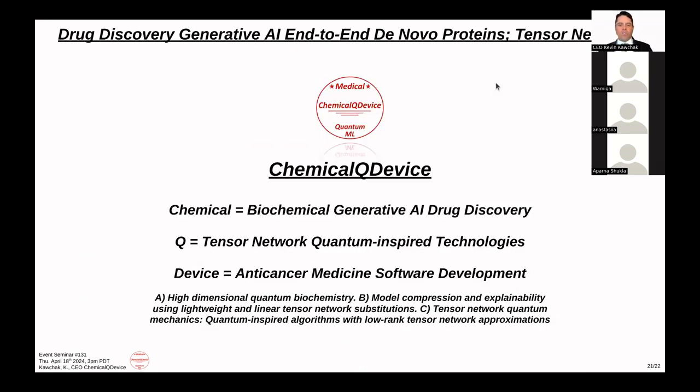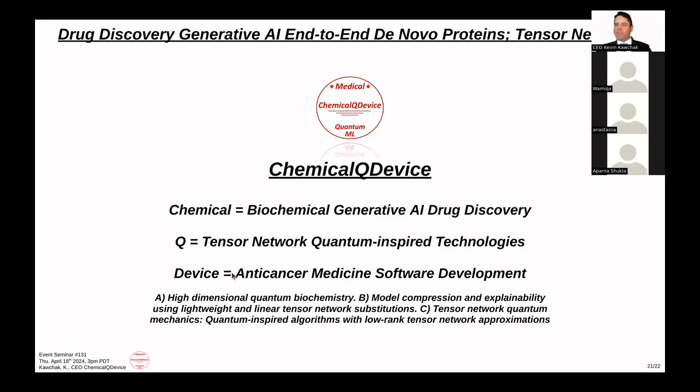I think the first thing, so this is basically where the company sits right now. So biochemical generative AI, drug discovery, tensor network, quantum-inspired technologies, anti-cancer medicine, software development. High-dimensional quantum biochemistry is basically, as we watched in this very interesting video this week, which was a little old but captured the essence, if you have to use quantum mechanics, which is very time-consuming and memory-consuming, for a specific binding site, those types of things, you would use it, hence quantum biochemistry.